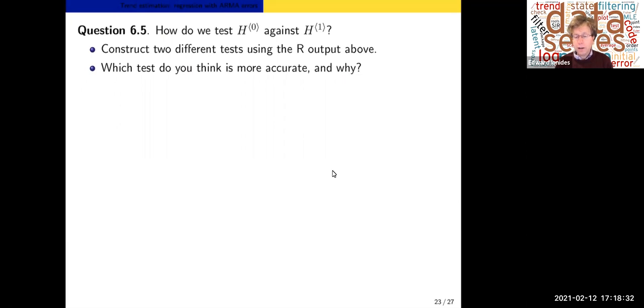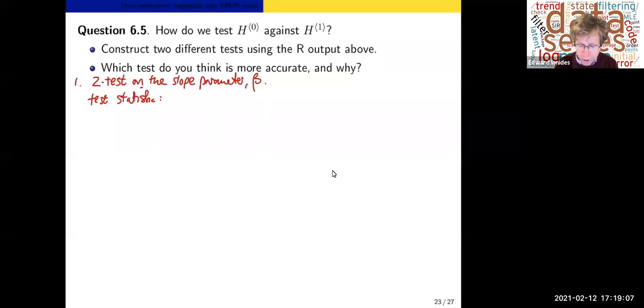And perhaps the most obvious thing that might come to mind for you is to make a z-test on the slope parameter, which here is beta, and our test statistic is going to be our estimate of beta divided by its standard error.